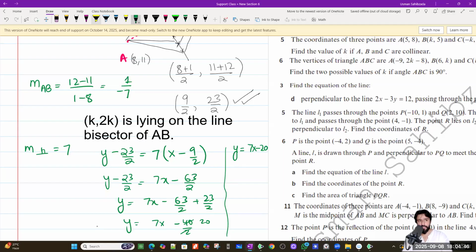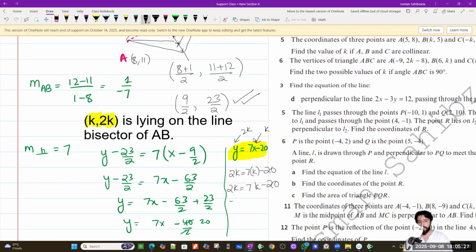Now k comma 2k is on this line. तो आप क्या करते हो, आप इस लाइन के ऊपर in place of y you plug in 2k and in place of x you plug in k, because k comma 2k is on the line. When a point is on the line, you can plug it in the equation. 2k equals 7k minus 20.